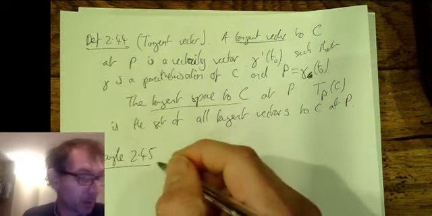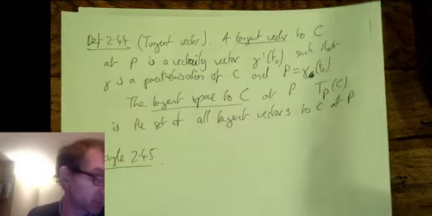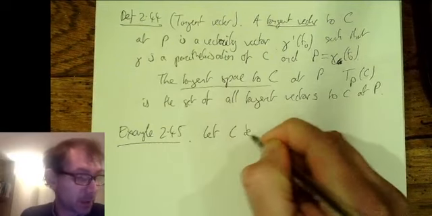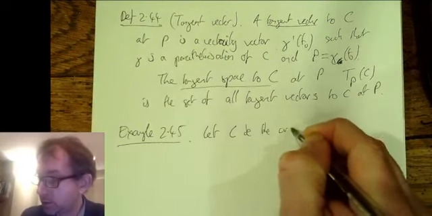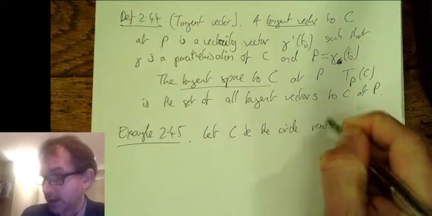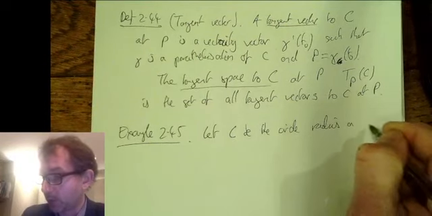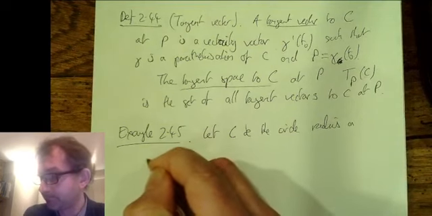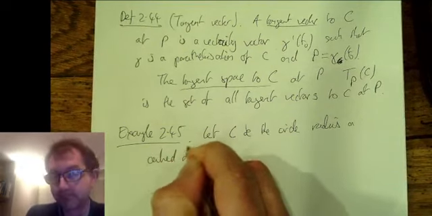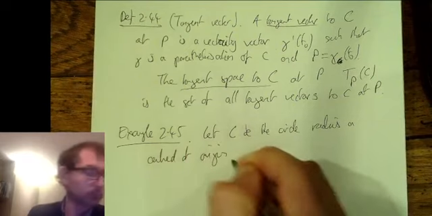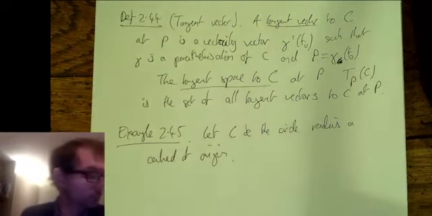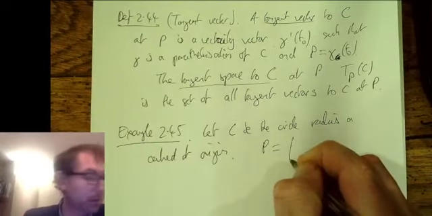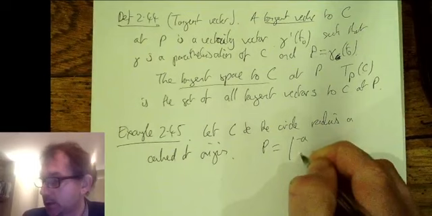So back to the same place we were before. We're going to let C be the circle of radius a, based at the origin, and we're going to take a point P. That's just going to be the point (-a, 0).